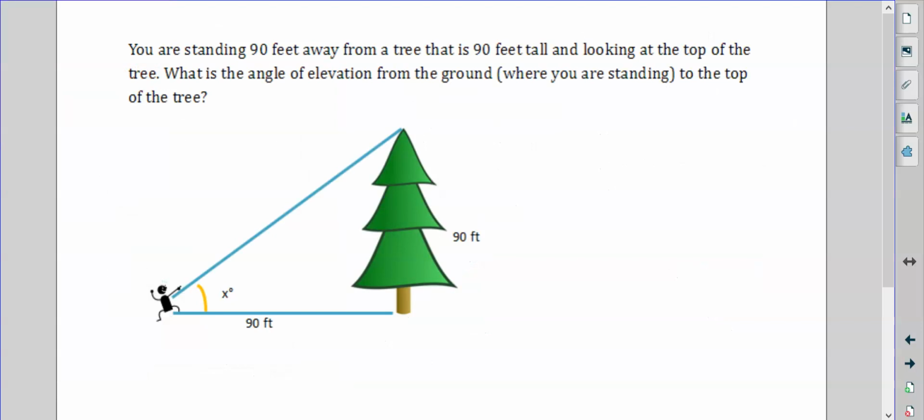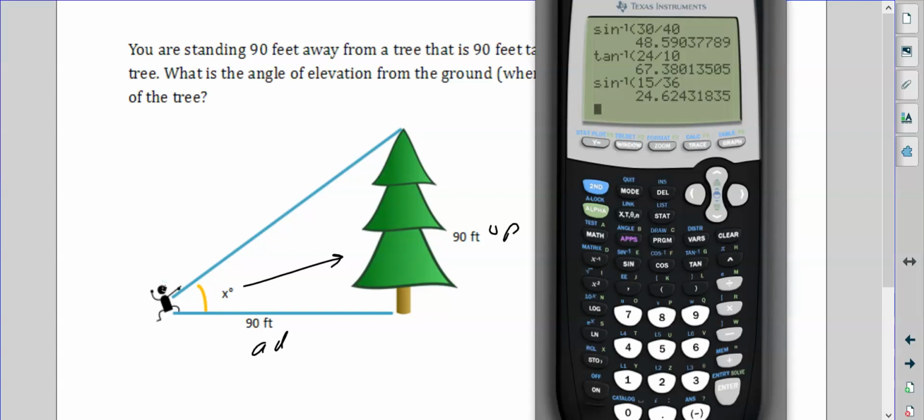So we're looking here. From here, we have opposite and we have adjacent. And it's 90 over 90, which is actually just 1. But opposite and adjacent is tangent of x, we don't know, equals 90 divided by 90, which you could type in, second tangent, or you can actually type in just 1.